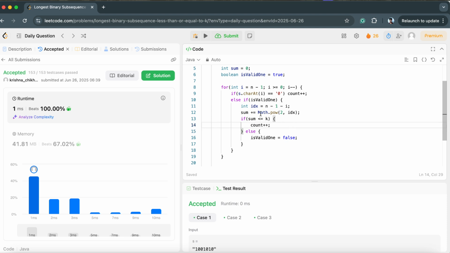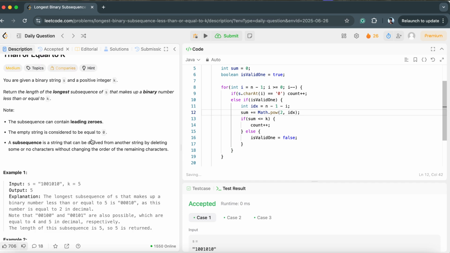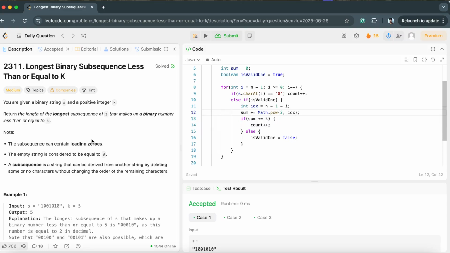So instead of this Math.pow, we can also use bit manipulation. We have a few operators, like the left shift operator, that could be easily usable right over here at this place. If you want to modify this one, what we could have done here is simply use one left shift of idx.